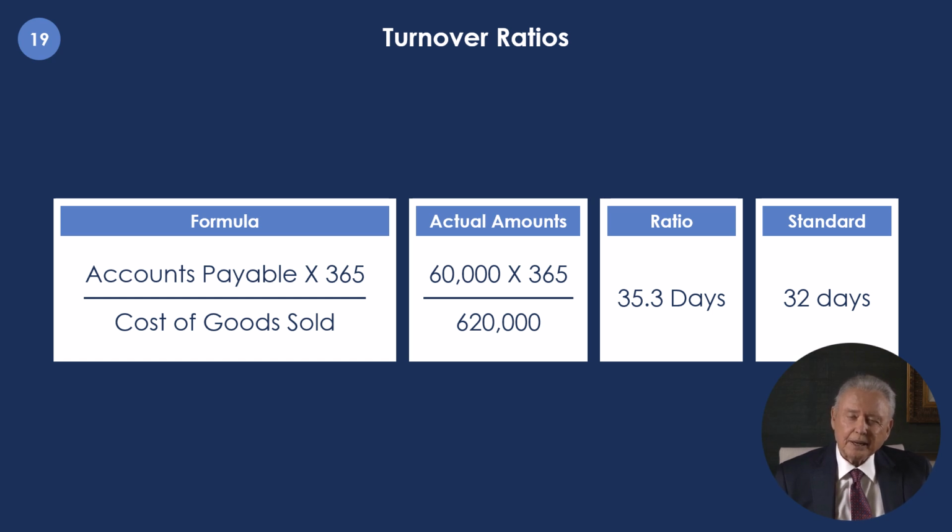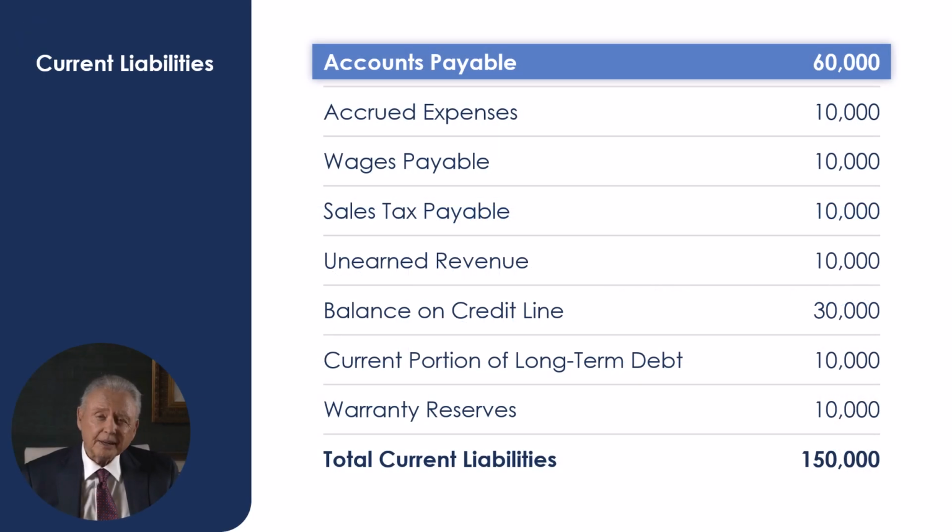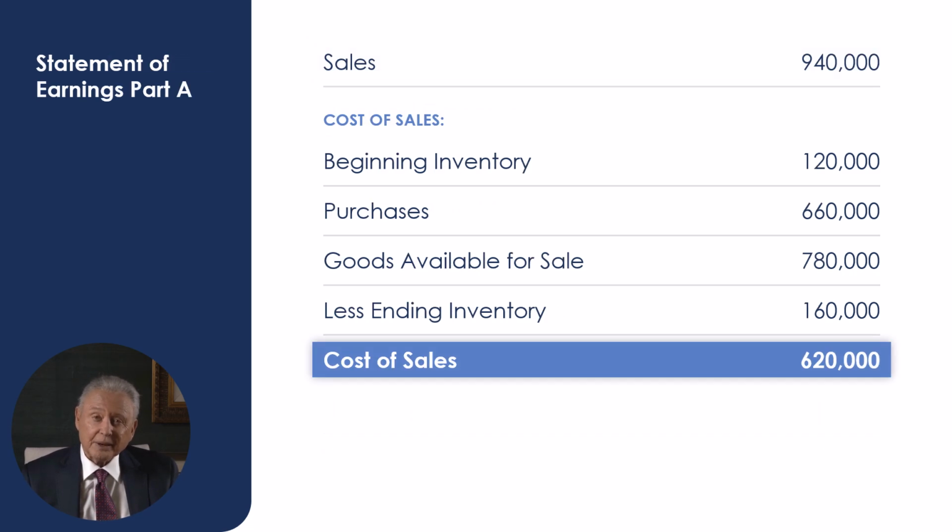That said, we've seen companies with 60 days in accounts payable. That one metric tells us they're low on cash and unable to pay their bills on time. Here, we show the section of the balance sheet with accounts payable, $60,000. Here, we show the income statement, specifically the cost of sales, $620,000.